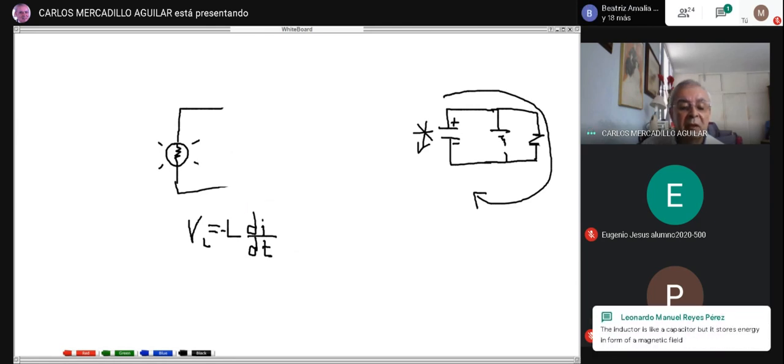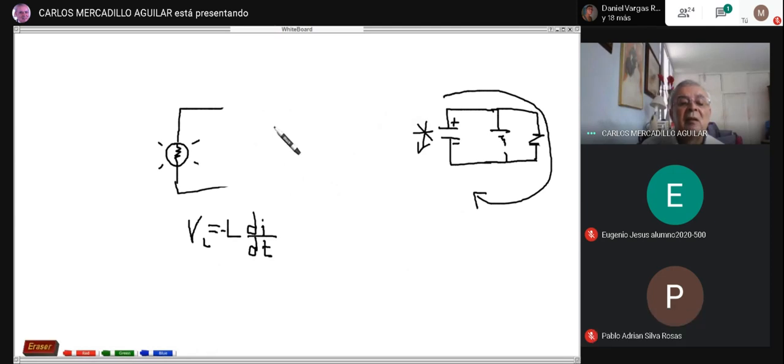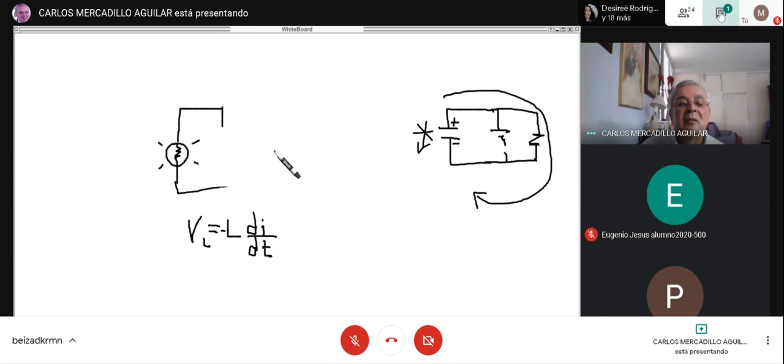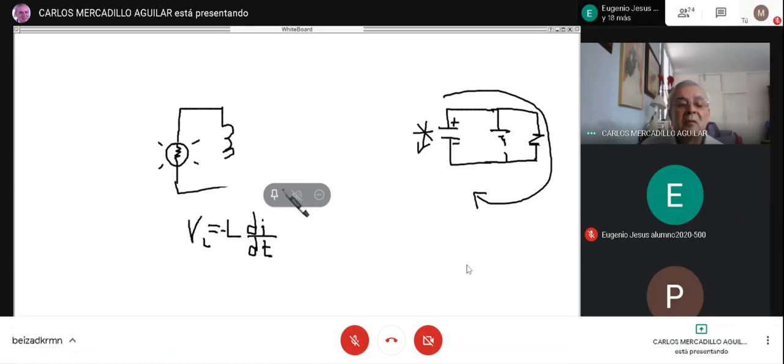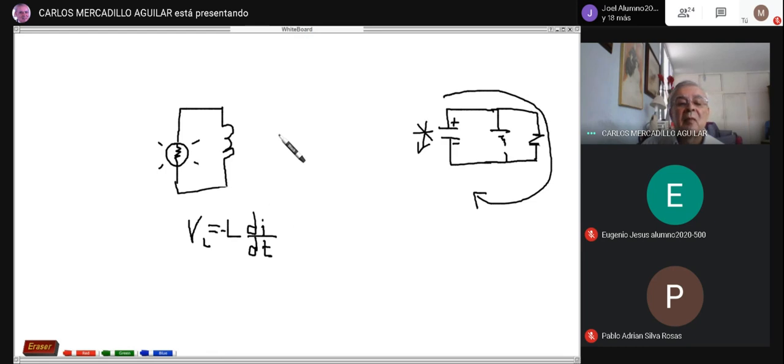You can have here the inductor. Then we will have here the battery. Right?